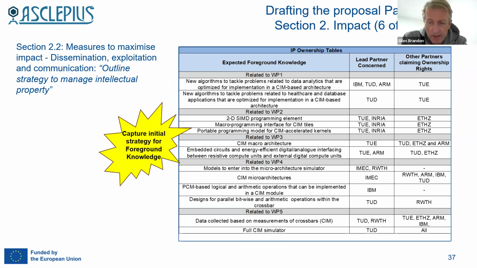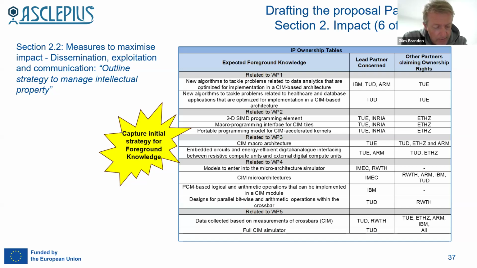The table you see here is a classic thing I do with all my proposals, not only with research and innovation actions, but also with coordination support actions. When one is talking about intellectual property and patents, there are these 2 terms that are often used by the lawyers. They talk about background knowledge and foreground knowledge.